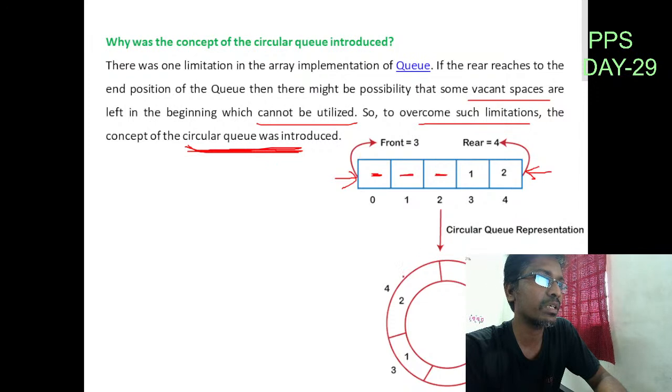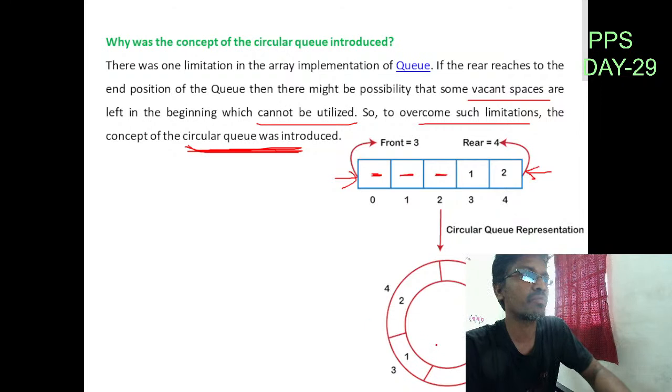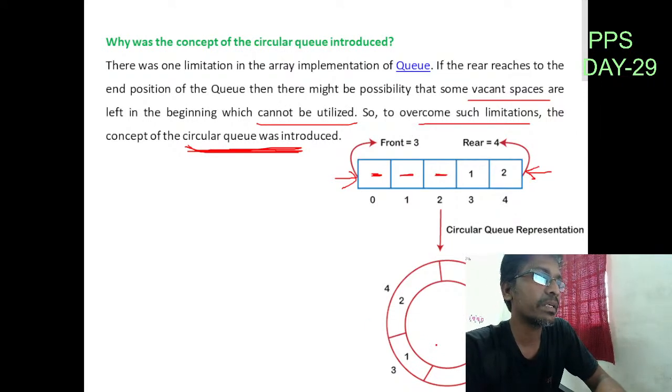So what is a circular queue? It is like a circular buffer queue, a ring type of queue. In this circular queue, you can delete elements through the front end and insert elements through the rear end, and after deleting from the front end, it is again possible to insert elements through the rear end, because there is an empty vacant position in the circular queue.